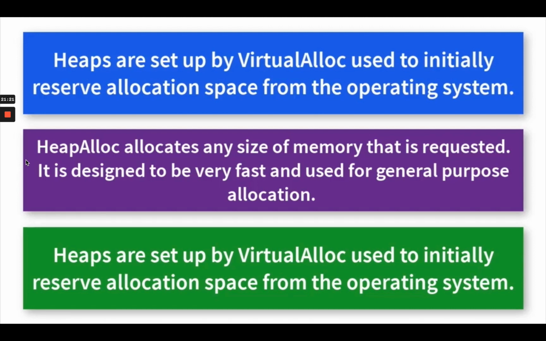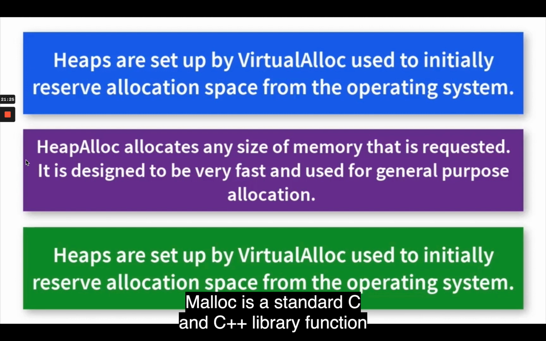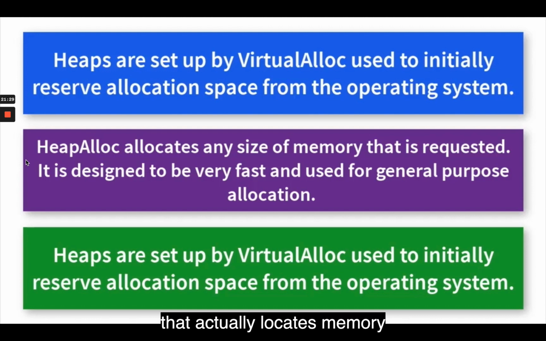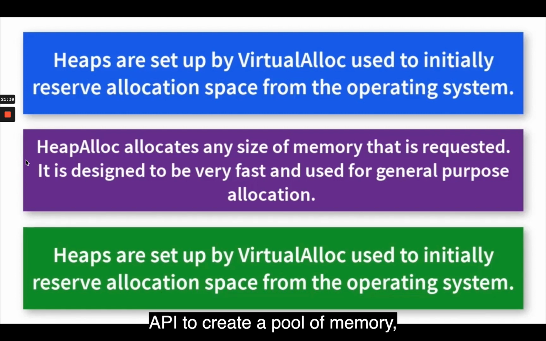So now there's also the concept of malloc, right? Malloc is a standard C and C++ library function that allocates memory to a process during runtime, right? So during the C or C++ runtime. Using malloc will usually use one of the operating system's APIs to create a pool of memory.